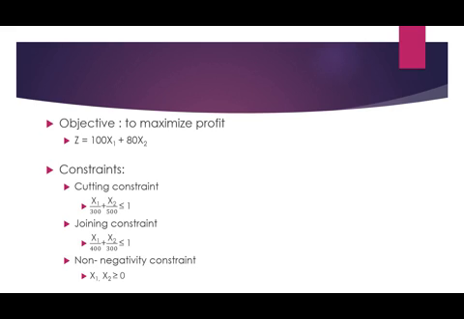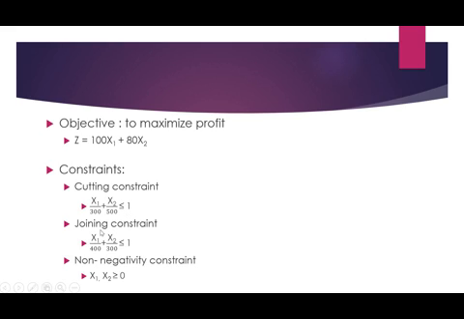For 1 tin, the duration is 1 by 300. Therefore, the constraint will become x1 by 300, and for flat, it is x2 by 500, and it has to be less than equal to 1.